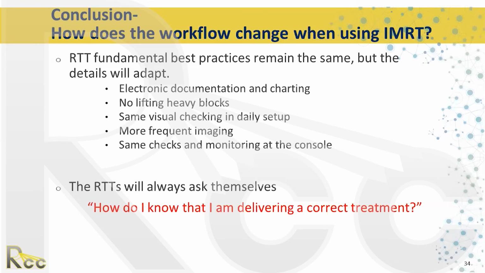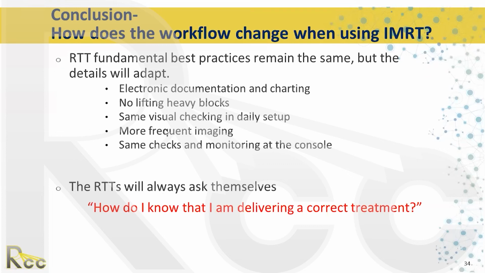You just don't have the light field, so you want to make sure that your lasers are actually lining up to the ISO center, the area of treatment. Imaging daily is highly recommended. If you don't have OBI, maybe an MV every 2 to 3 days versus once a week.